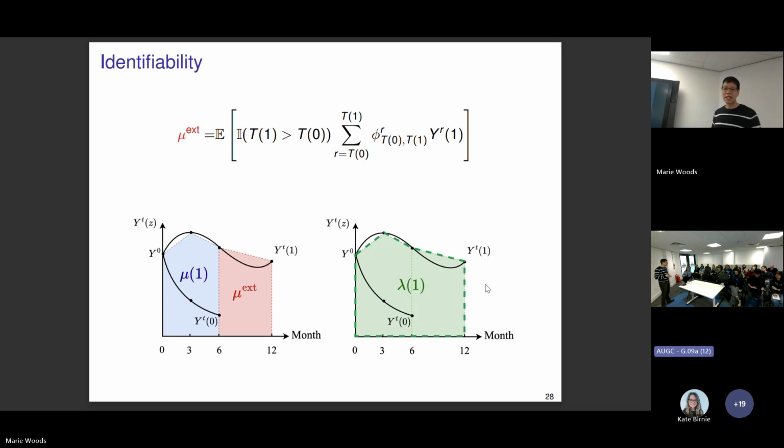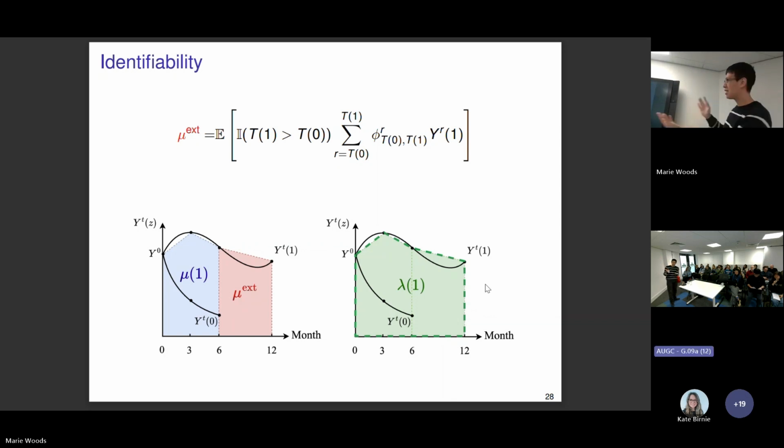So this is our second estimate. And the identification of the second estimate is actually quite easy, or almost comes for free, because of the simple decomposition over here. The blue part is the mean potential outcome under treatment in the first time period, which we already identified when we identified the first estimate.